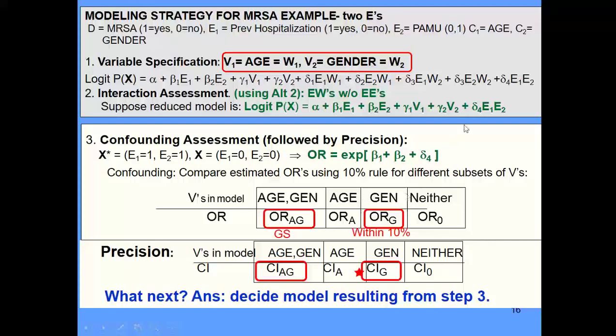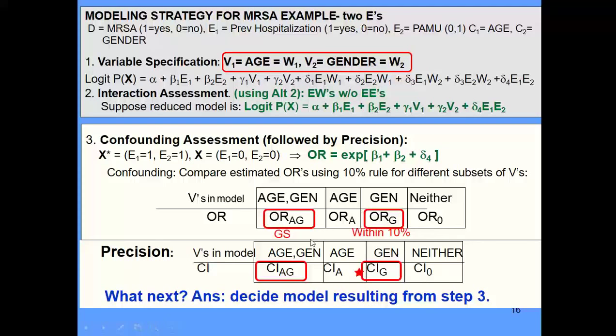If you're doing this, how am I going to do this? I'm going to get beta 1 hat, beta 2 hat, delta hat, and I'm going to compute the odds ratios for these different models. I'm not computing it all for you. I'm just showing that if I did, it would take me longer.